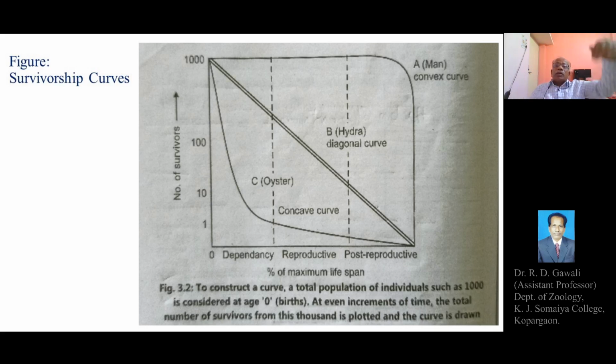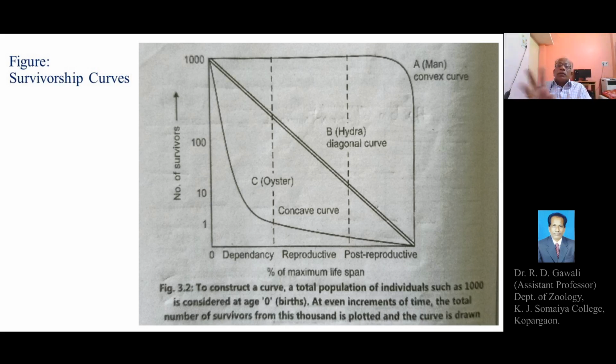So there is a rapid or sudden decrease of the population, and this extremely high mortality rate leads to the sudden decrease of population from thousand number to a very small number, or very few individuals can survive in the pre-reproductive life.